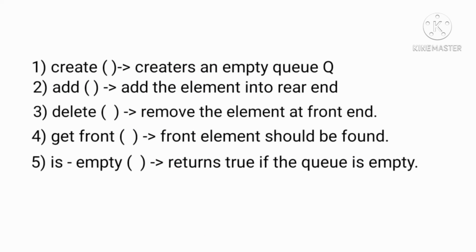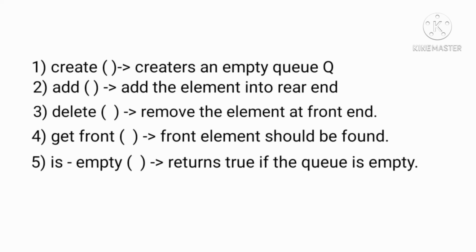First one is create an empty queue, and second one is add the element into the rear end, and third one is delete, remove the element at the front end, and fourth one is get front, the front element should be found, and fifth is empty, return true if the queue is empty.